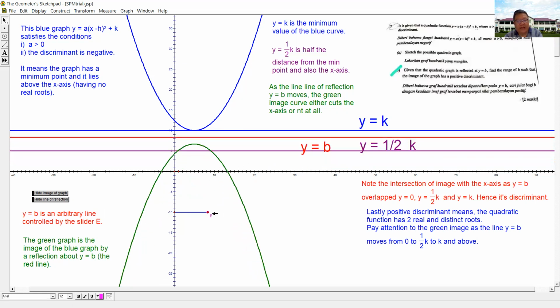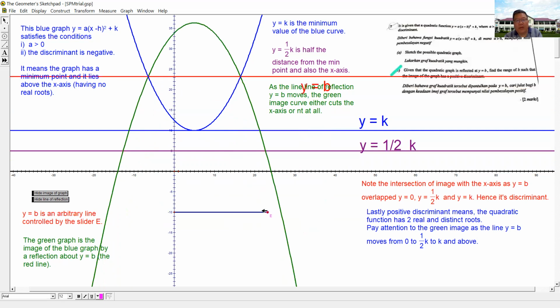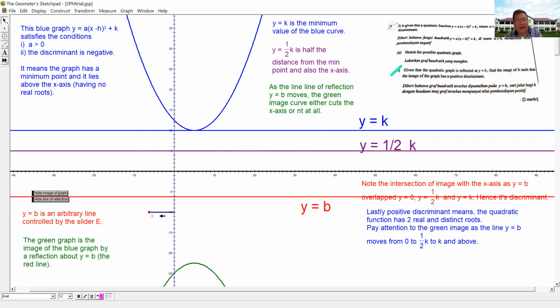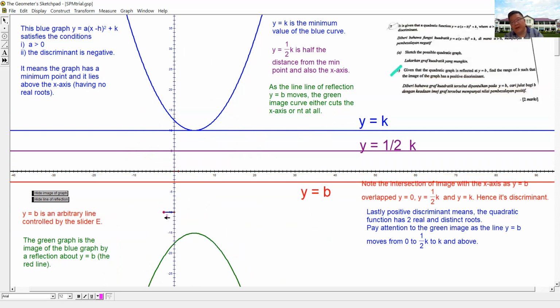As I move the slider, the value of b becomes more and more positive, or more and more negative. So now my value of b, that is y equals b, is less than 0.